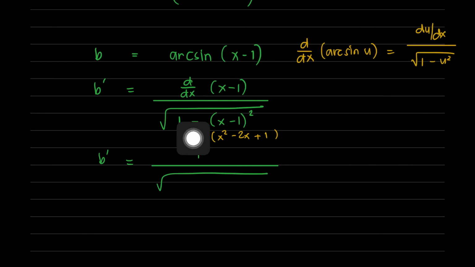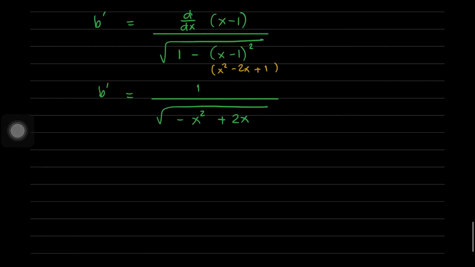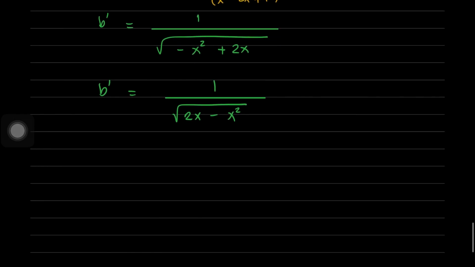Then this would now be negative x squared, and negative times negative 2x would now be positive 2x. Or, we can write this as 1 all over the square root of 2x minus x squared. Right? So that would now be b prime.